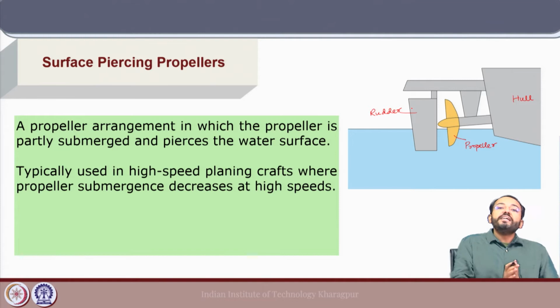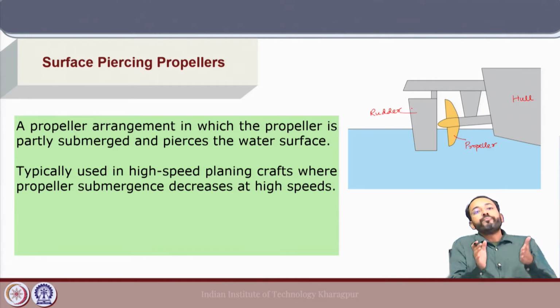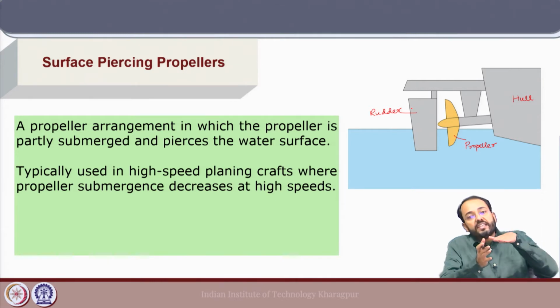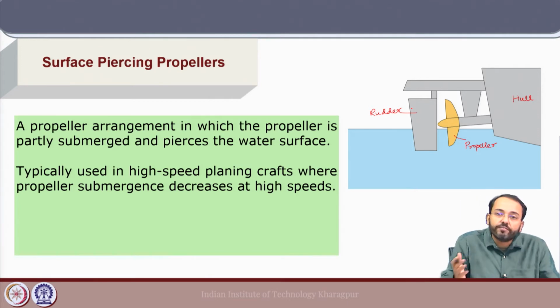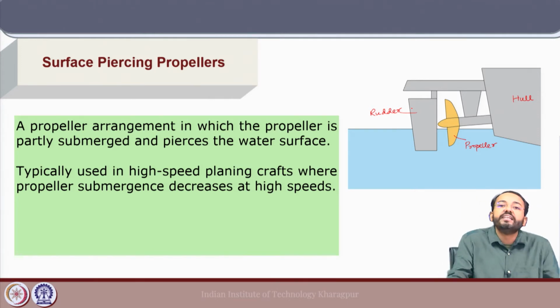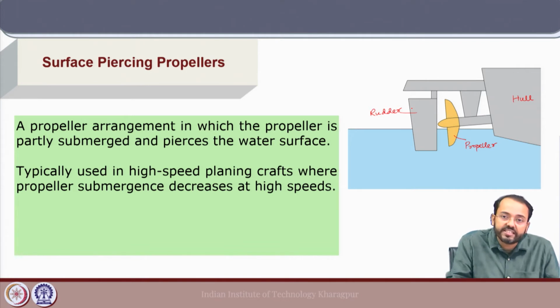So, normally for a displacement vessel during its operation, the weight of the vessel is supported by the buoyancy, and that is why for standard ships they are mentioned as displacement vessels.